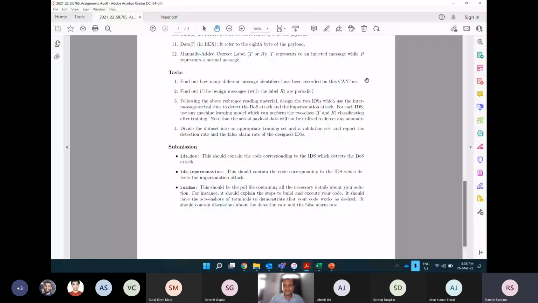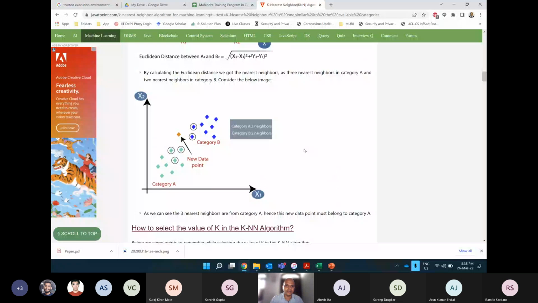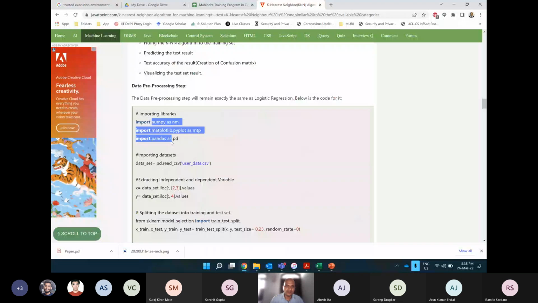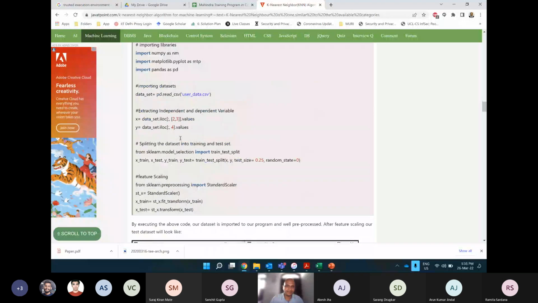Any particular recommendation for the libraries we can use? Yes. As I said, these things are very easy and can be done in just a few lines of code. If you go ahead with k nearest neighbor, these are the libraries that you will have to use.